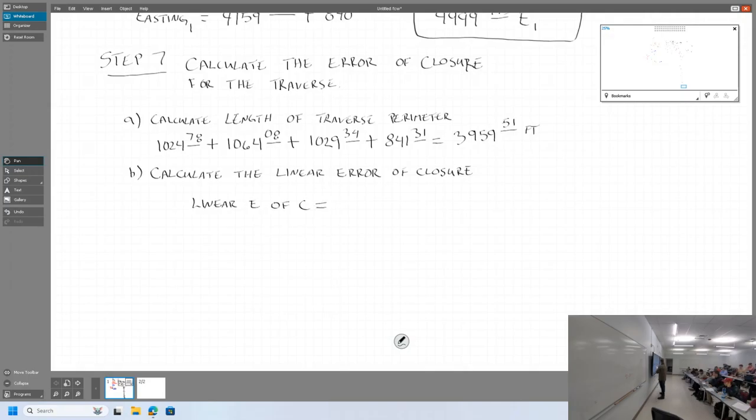It's equal to the square root of our delta northings, what we started and closed on, squared, plus the delta eastings, again, what we started and closed on, squared. All right.